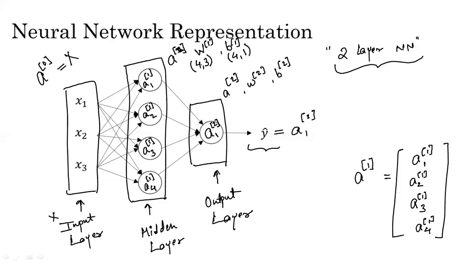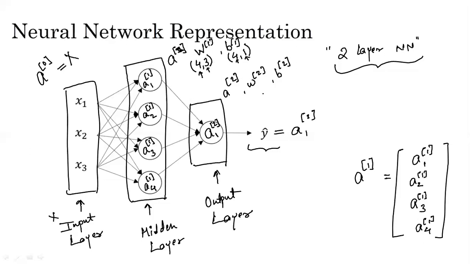Because the dimensions of W1 are 4 comma 3: this hidden layer, layer 1, has 4 nodes, so we write 4 here, and 3 is because we are getting 3 inputs, that is x1, x2 and x3. So this is how the 4 cross 3 dimension came for W1. And for B1, we again have 4 nodes in the hidden layer, and B is basically the bias value, a real number for each node, so this would be a 4 cross 1 matrix only.